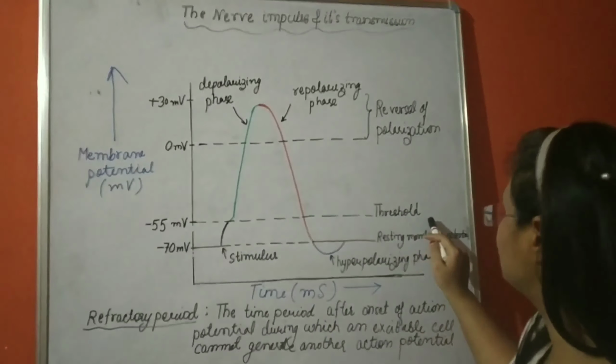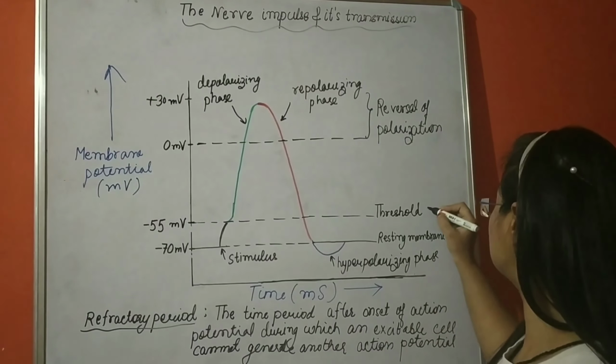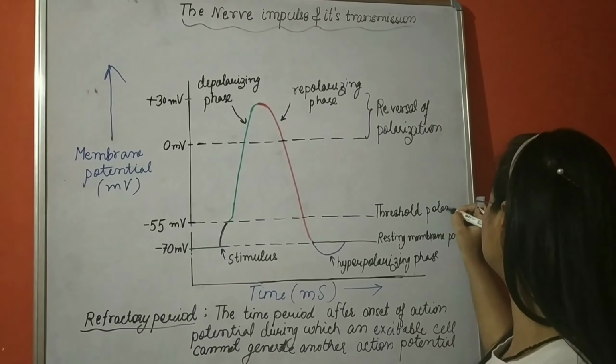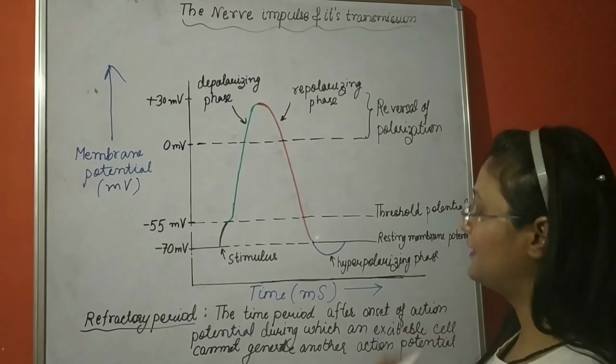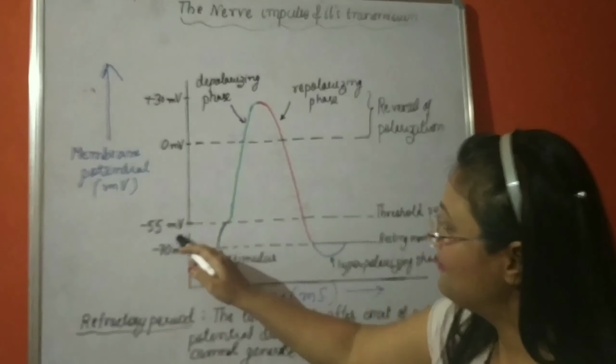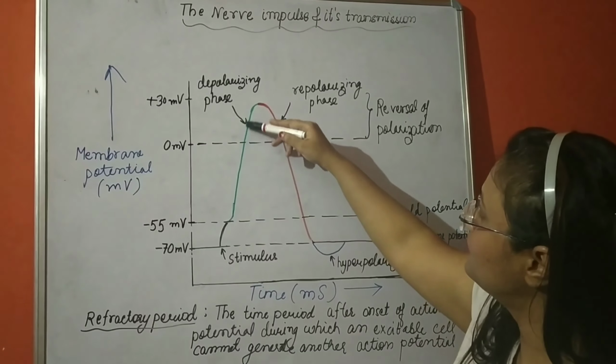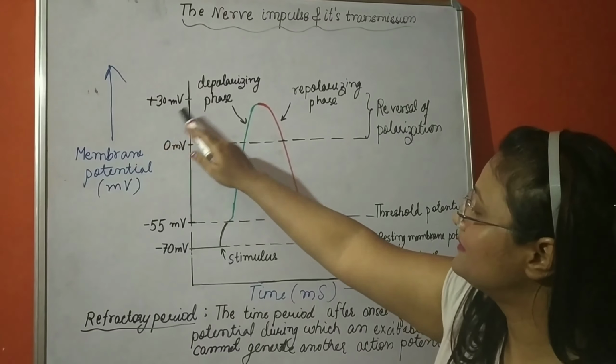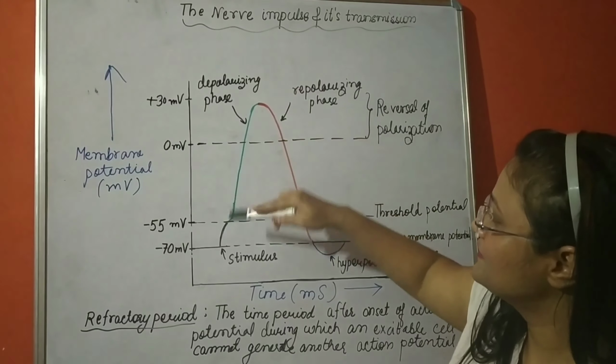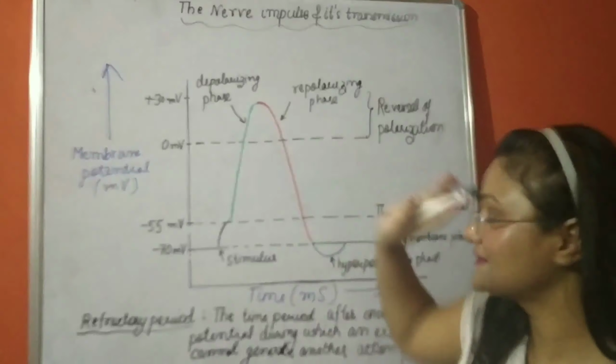When a stimulus arrives, the membrane will get depolarized. So the threshold membrane potential is how much? It is minus 50 millivolts. After which it reaches up to plus 30 millivolts, and the phase is known as depolarization phase.